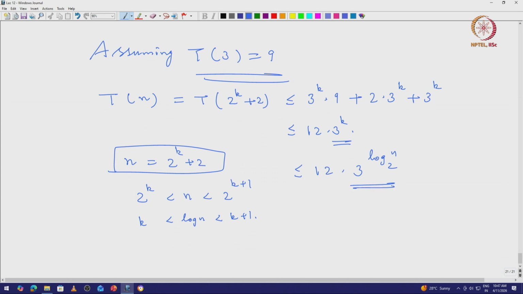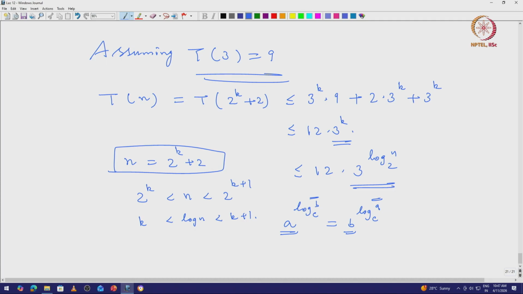But what can you say about this? A power log b to the base c is the same as b power log a to the base c. I can exchange this a and b. This is a basic property of the log function.